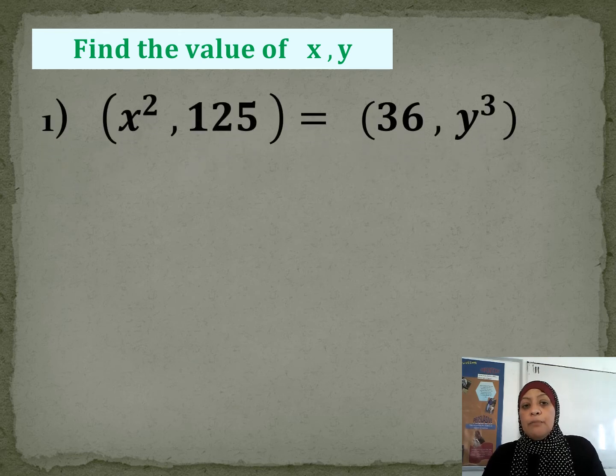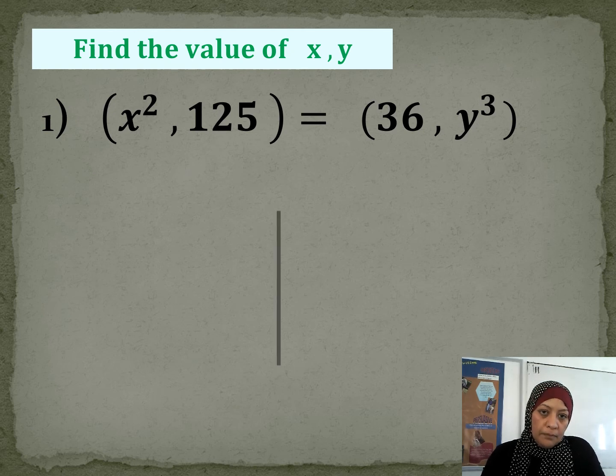For example, number 1: the ordered pair (x squared, 125) equals (36, y cubed). And don't forget, when we have equal, it means first equals first, second equals second. Then I'm going to get the values of x and y. Now check your answer.